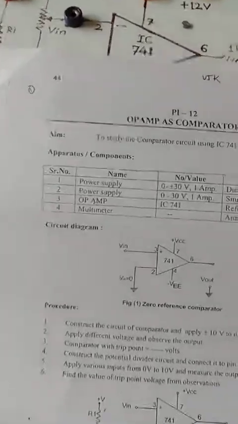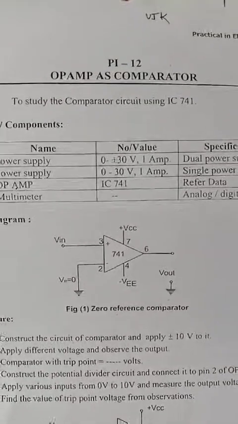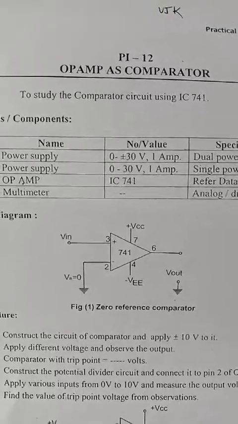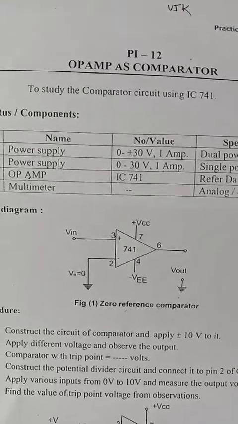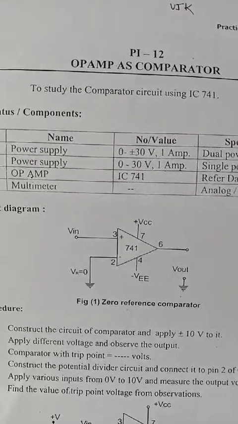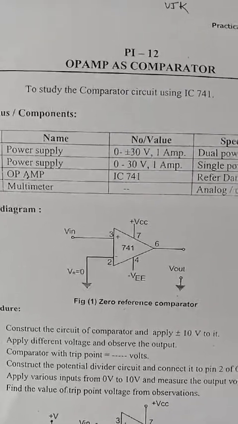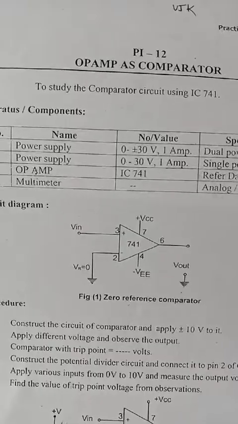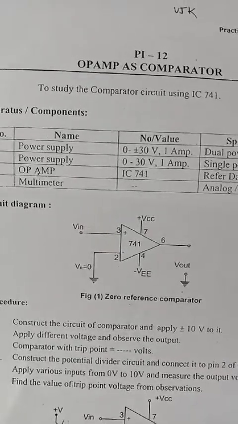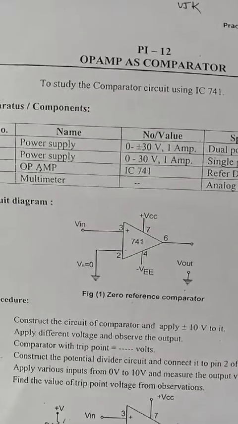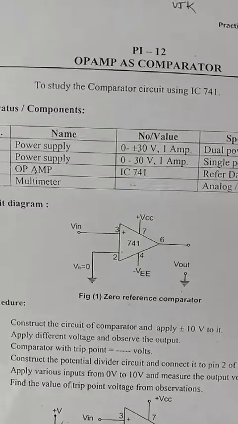So comparator is a circuit which compares the input voltage applied to one input of op-amp with the another input, which is called as a reference voltage applied to another input. So the input voltage is compared with the reference voltage.